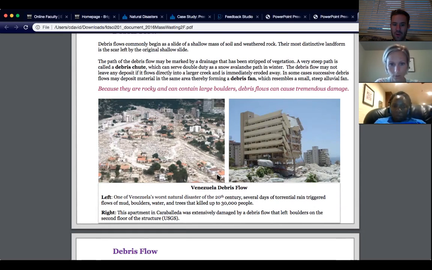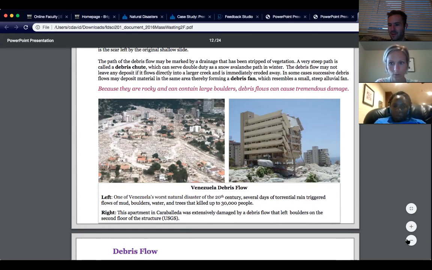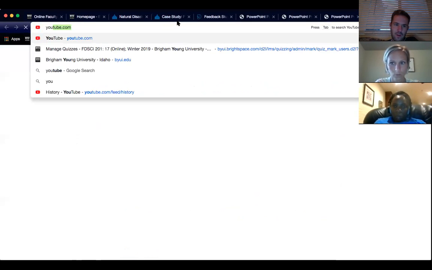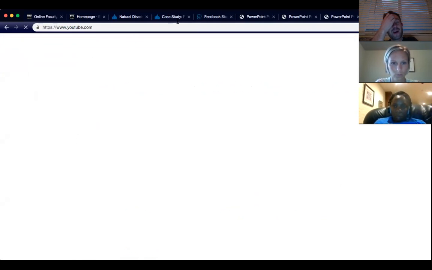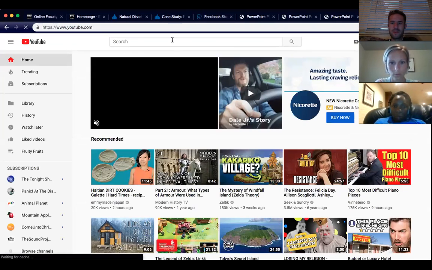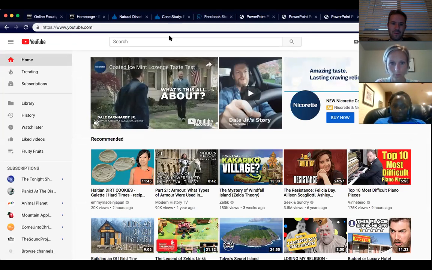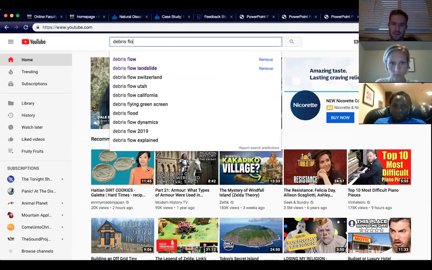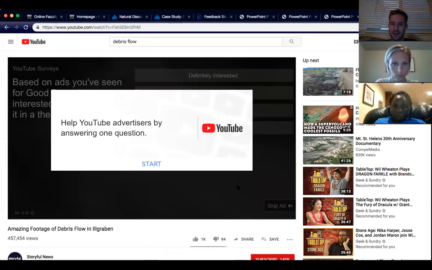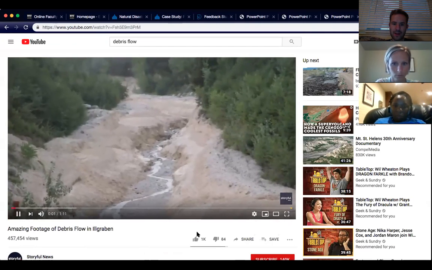They're slower, but I'm going to show you guys a video of a debris flow because I don't want you thinking they're kind of creep. Thistle crept really slow, but a debris flow still can move relatively fast. And this will give you an idea, it's all relative. They still can move really fast.